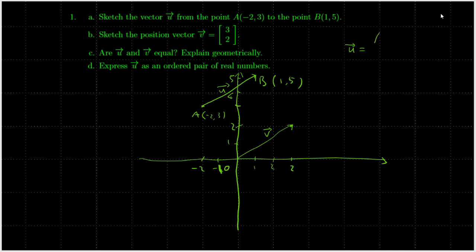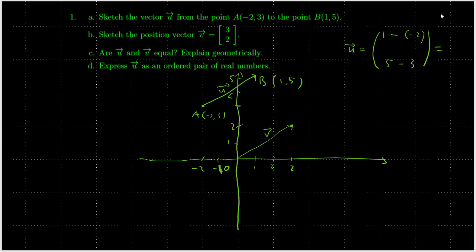The first component is computed using the difference between the 2 x coordinates: the x coordinate of the terminal point minus the x coordinate of the initial point, right? Likewise, to get the second component, you use the y coordinate of the terminal point first, 5, minus the y coordinate of the initial point.